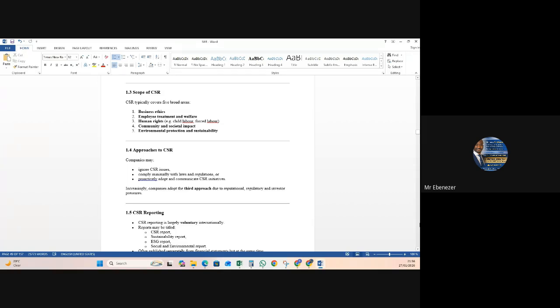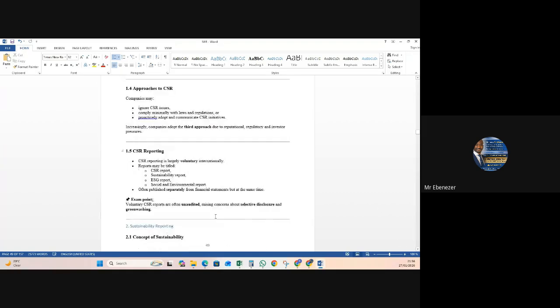Now, CSR reporting is largely voluntary internationally. Although there are some countries that are now mandating it, that no, you must report your CSR. And since it is voluntary, the report may be titled the CSR report. It can be sustainability report. It can be ESG report.